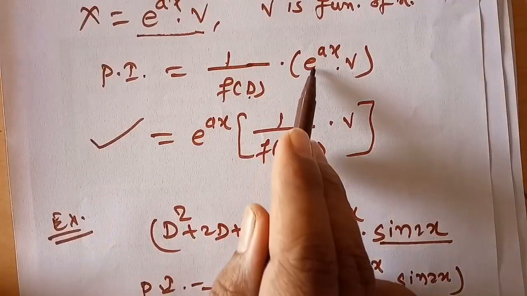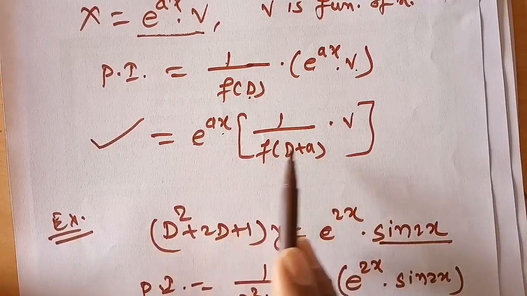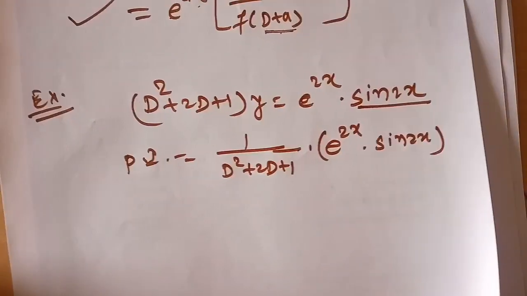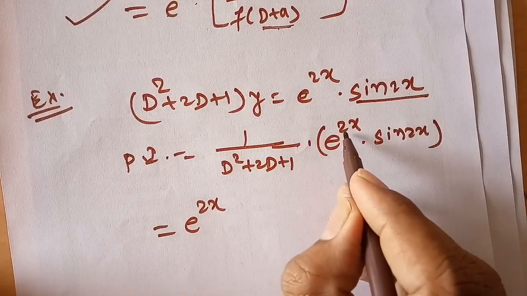Our formula tells that if our function is e^(ax) into V, then we can take e^(ax) outside, and we have to change D to D + a. Here I will write e^(2x), and our value of a is 2.